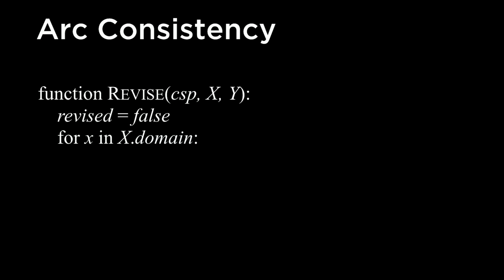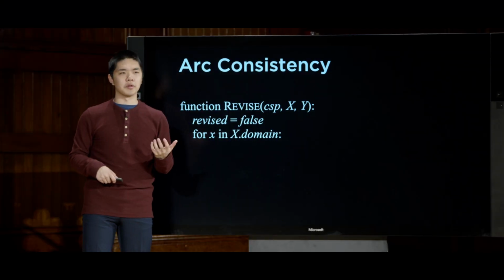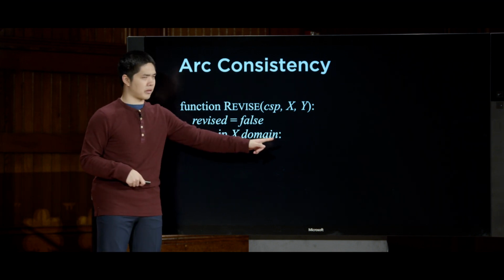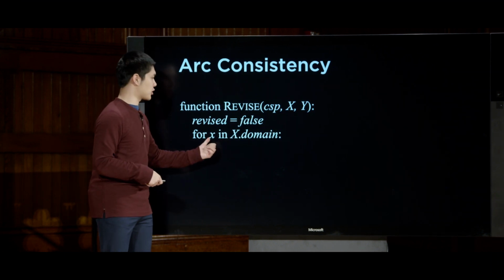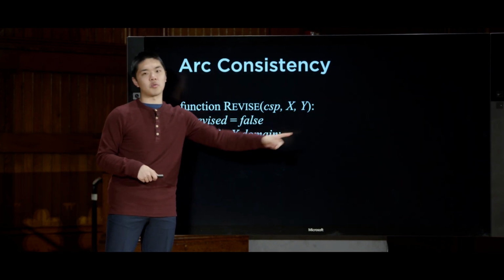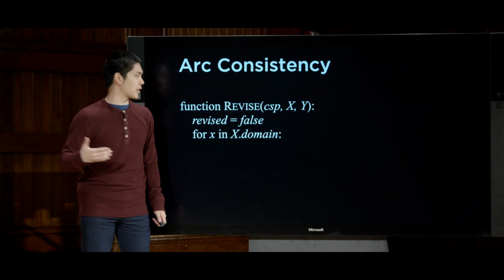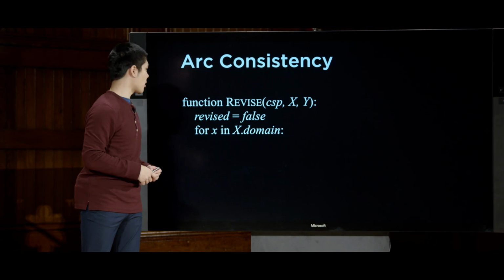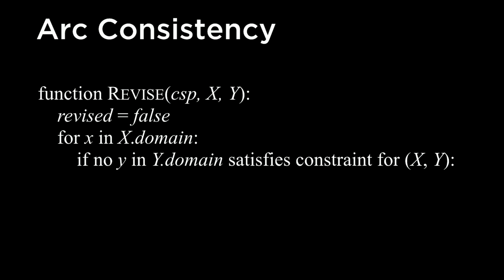Then we'll loop over all of the possible values in X's domain, for each little x in X's domain. I want to make sure that for each of those choices, I have some available choice in Y that satisfies the binary constraints defined inside of my CSP, my constraint satisfaction problem. So if ever there is no value y in Y's domain that satisfies the constraint for X and Y, that means this value x shouldn't be in X's domain.